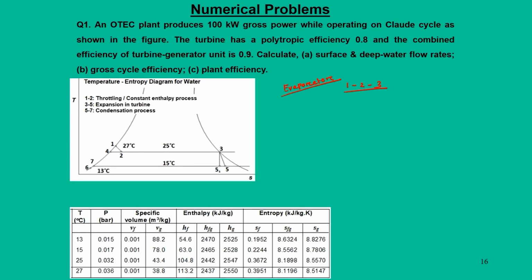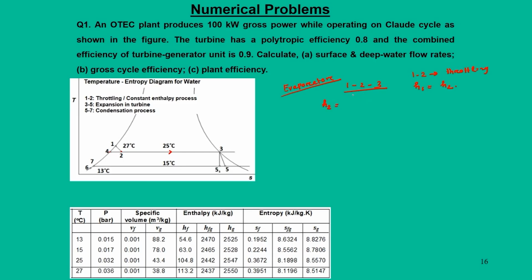From 1 it comes to 2, then the liquid separation starts: the liquid component moves to 4 as a discharge, and the vapor component moves to 3 towards the turbine. Since process 1 to 2 is a throttling process, H1 is equal to H2.